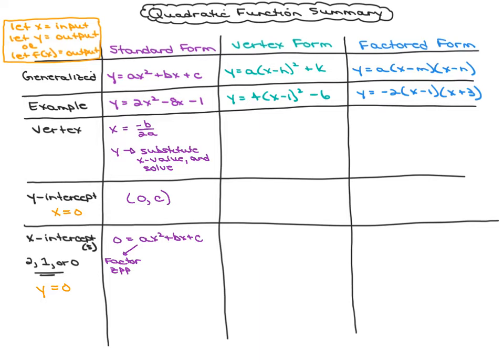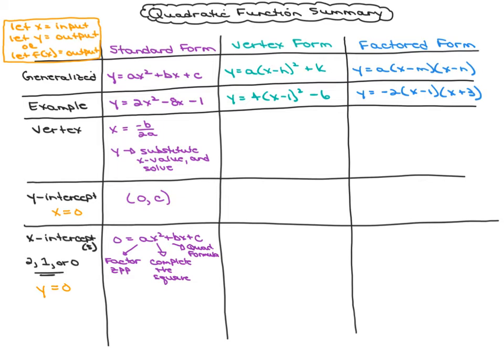Typically the most efficient way to go if possible. Next, if you can't factor and use the ZPP, you can complete the square. That will always work. Or you can always use the quadratic formula. So to find the x-intercepts, you have to do a little bit of work, but you have multiple strategies to solve the equation. Next, let's move on to vertex form.